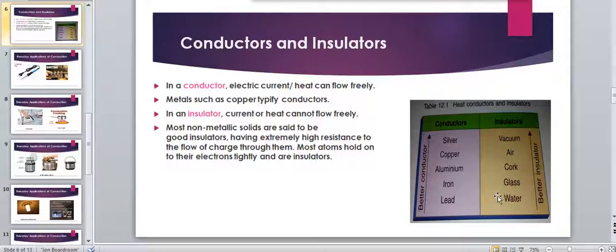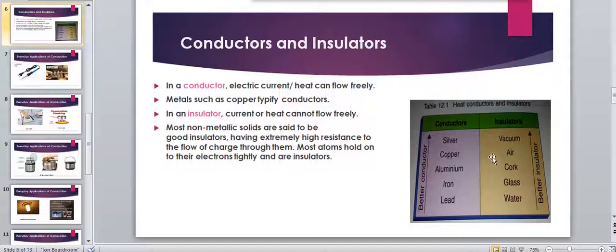Whereas water is an insulator. We'll be discussing an experiment related to this, then you will be clear how water is considered a bad conductor of heat. Glass is also an insulator. Cork is a more insulating material as compared to glass and water.